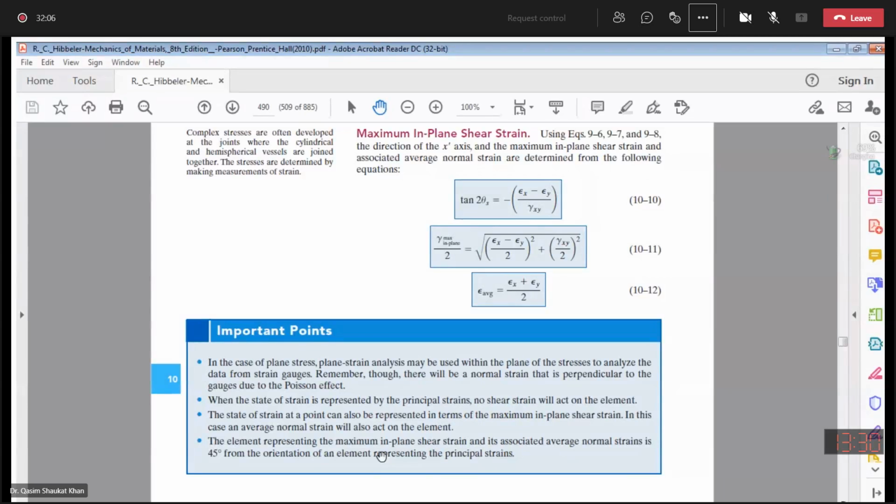However, your theta P1 and theta S1 will be 45 degrees apart. This we can further prove with the help of the numericals that we are going to do now. So please take out your registers and pencils so that we can start the numerical.